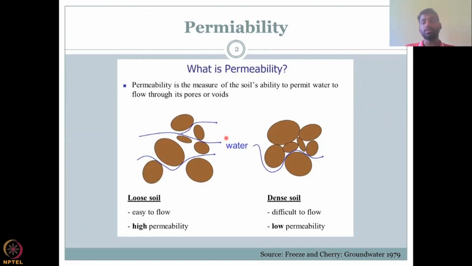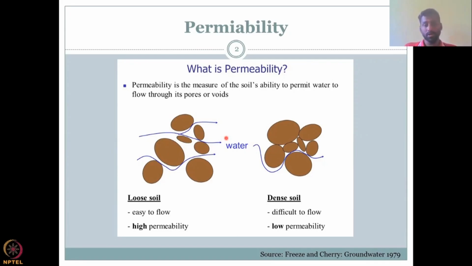Just by looking at this, you can also know that this property is a function of the porosity and of the material. You could manage the porosity, or the permeability, by compacting or tilling, those kinds of activities. But for a given soil, you have an intrinsic value that depends on the material.